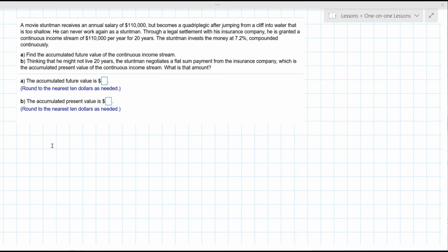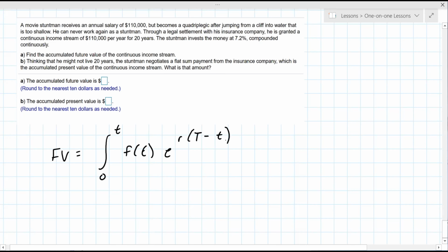All right. So the future value is the integral from 0 to t of f of t times e to the r times (t minus t). Have you seen something like that in your class? No, I have not. So the future value, you're going to do this for 20 years because that's how long it says.